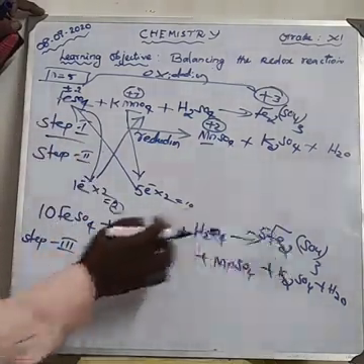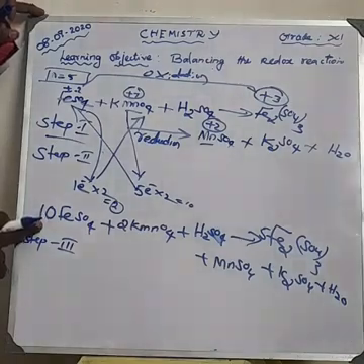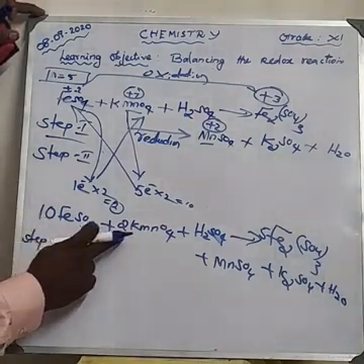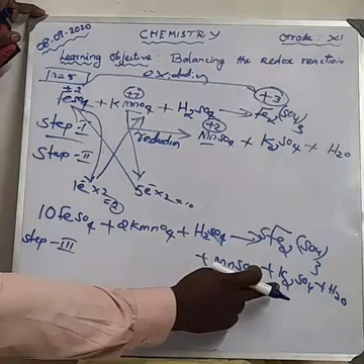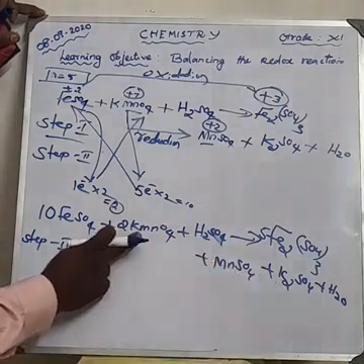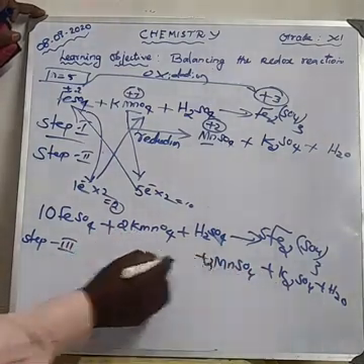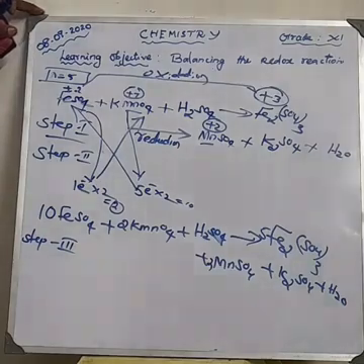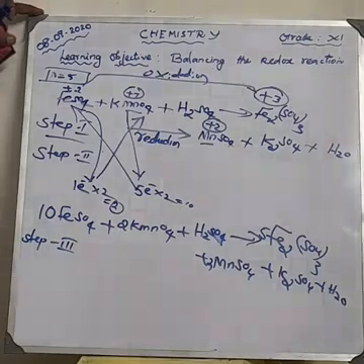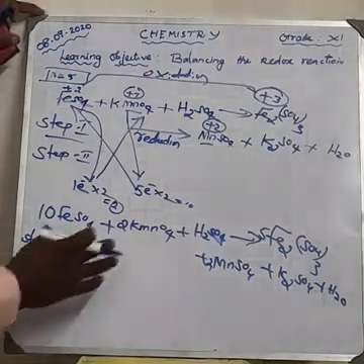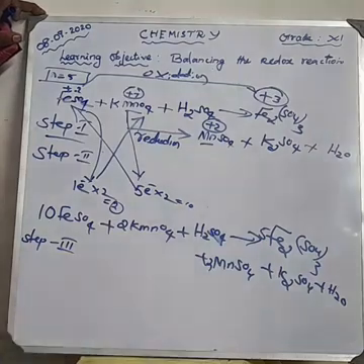So 5 into 2 is equal to 10. Here also 10. Then about potassium, how much? K2, clear. Manganese, Mn, how much? 2. Clear? No doubt. Balance. The third step is based on the reactant side, balance the product side.